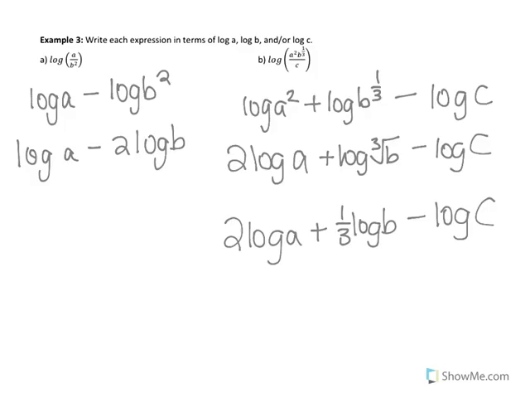Okay, last one. We're going to evaluate each expression. So we have 3 log base 9 of 6 minus log base 9 of 72. What we're going to do to start with is move the 3 to be the exponent. And then I'm going to change that to be 6 to the power of 3, which is 216.